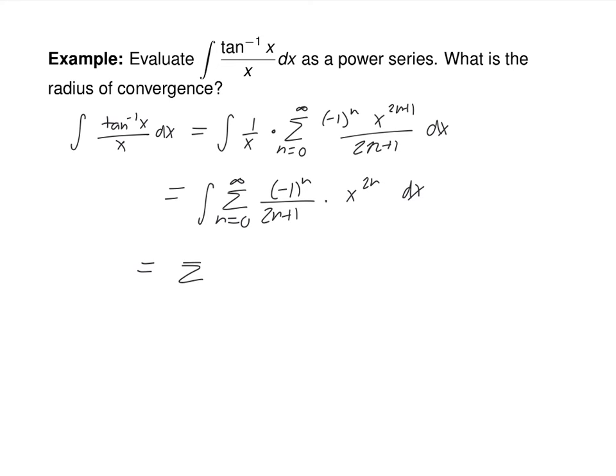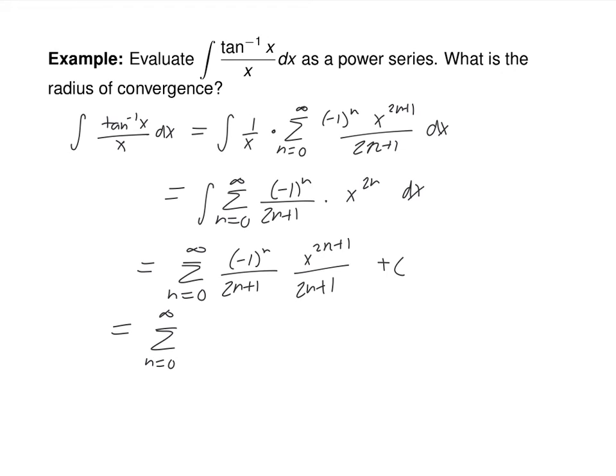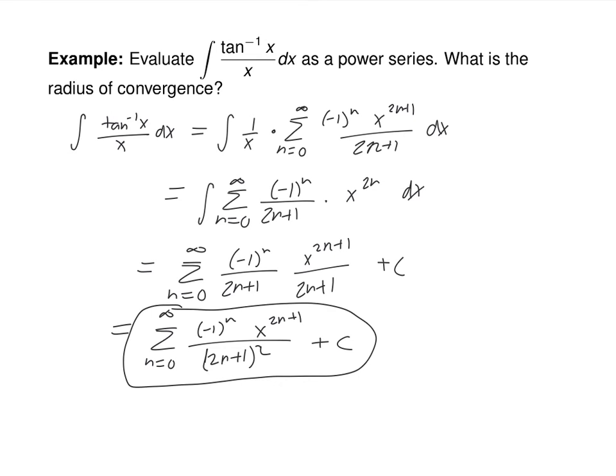We have the sum from n equals 0 to infinity, negative 1 to the n over 2n plus 1 times x to the 2n plus 1 over 2n plus 1 plus some constant c, or the sum from n equals 0 to infinity, negative 1 to the n, x to the 2n plus 1, all over the quantity 2n plus 1 squared, plus that constant c. So there is the antiderivative of that function.